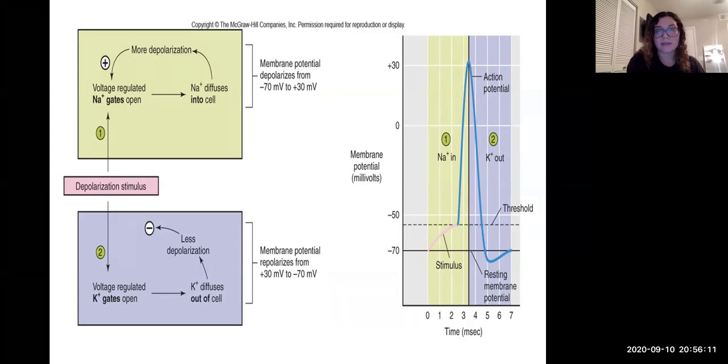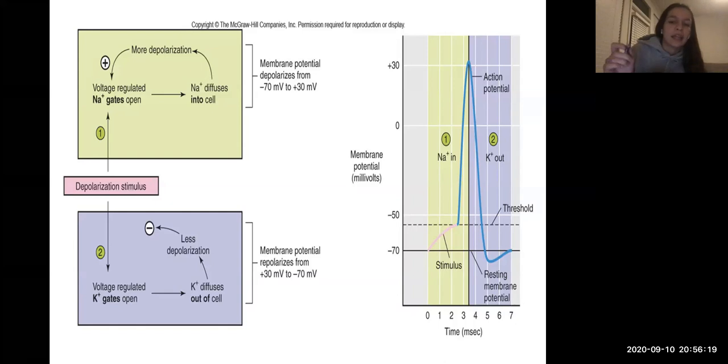And then just that small portion where it dips down to -90 instead of -70, that's the relative refractory. Anything above -70 is absolute, and anything under -70 is relative. Yes.